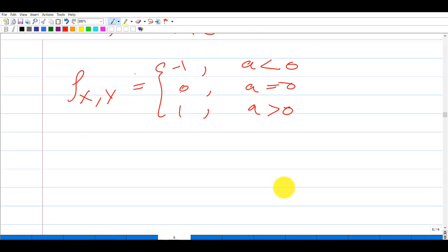We can have some examples of this to show how it works. If X is a student's height and Y is the same student's weight, then the correlation coefficient will be between 0 and 1.